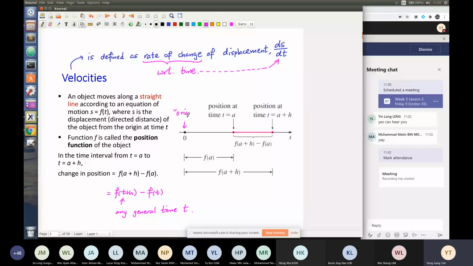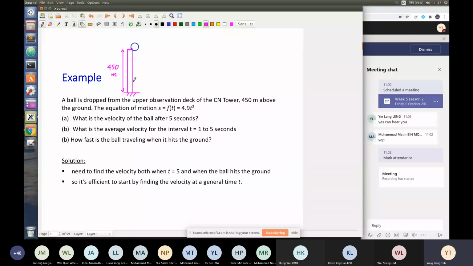Now, if I look at this example, can someone tell me where the origin of the displacement is if you look at 4.9 t squared? Anyone? At 450 meters.